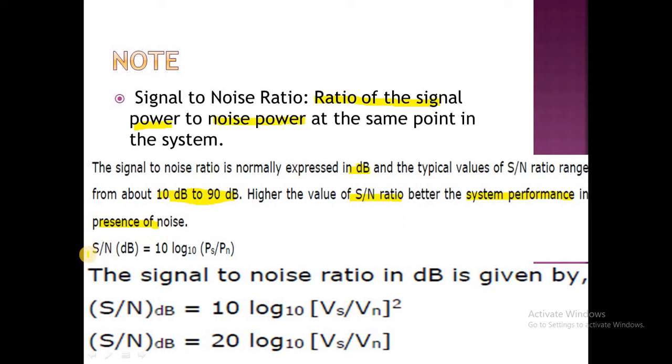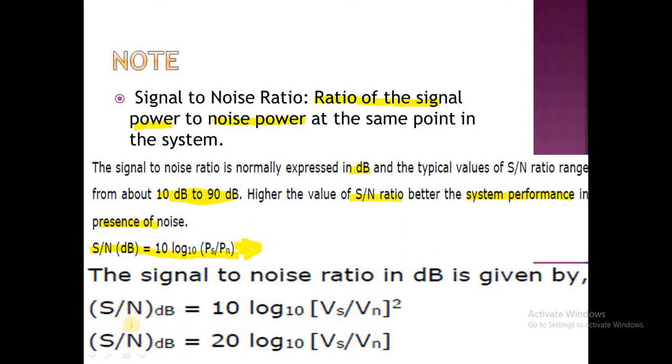It is the signal to noise ratio in dB formula. Signal to noise ratio in dB is equal to 10 log10 Ps by Pn, that is signal power to the noise power. Here we can also write the signal to noise ratio in terms of voltage.